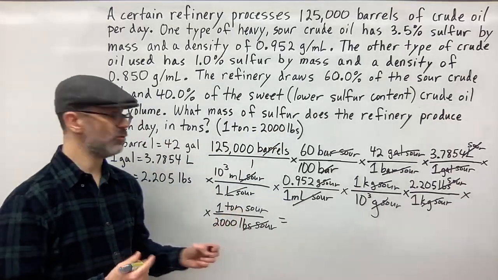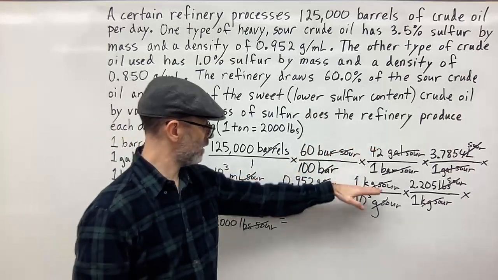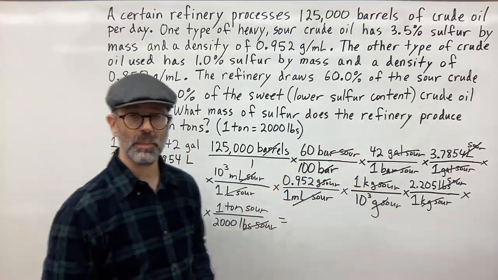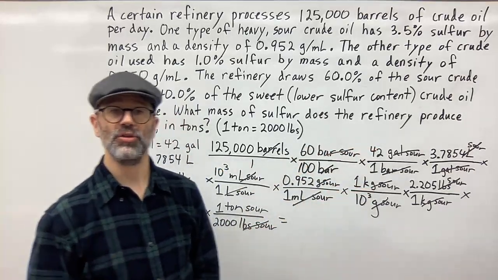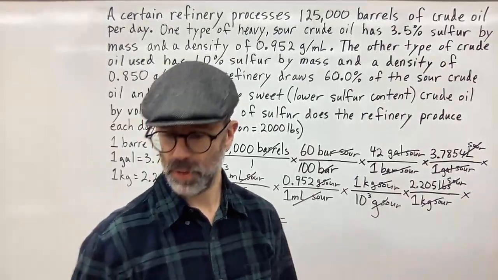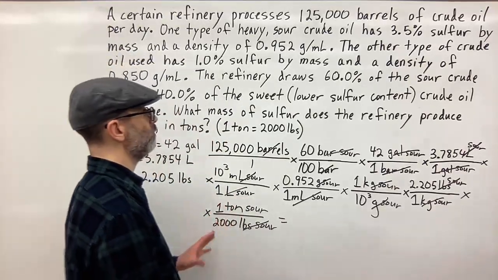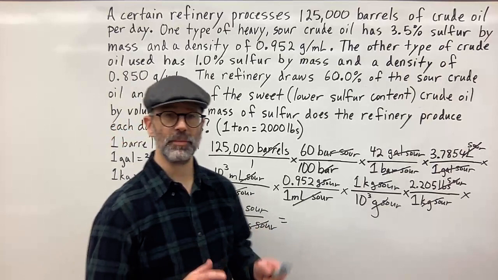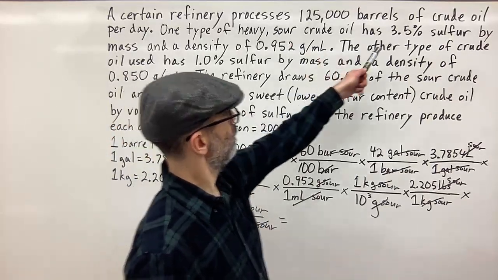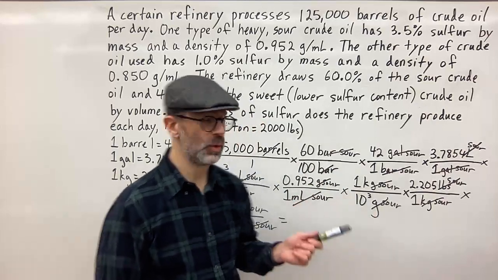So now what we need to do is multiply and divide. Multiply by everything on the top, divide by everything on the bottom, you get your answer. And when you do that, you get... but wait, there's more. We almost forgot very important information. The 3.5% sulfur. So we got to remember what the question was.